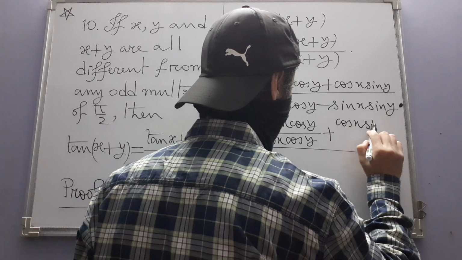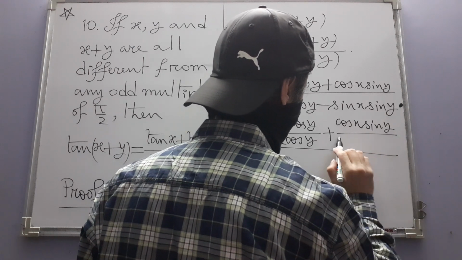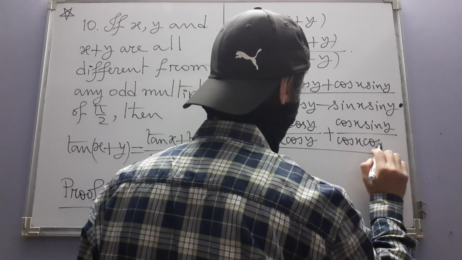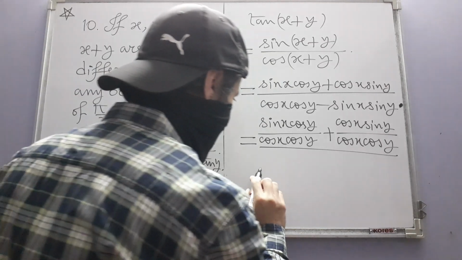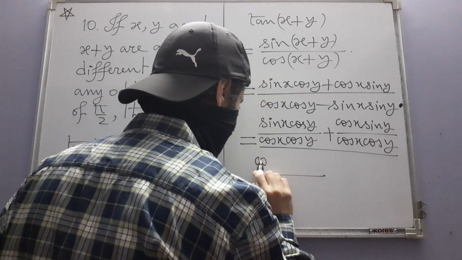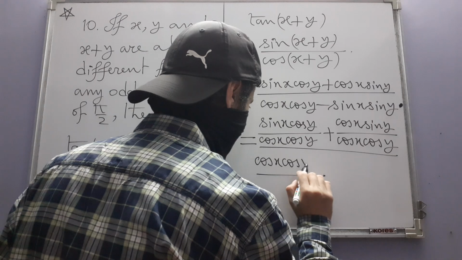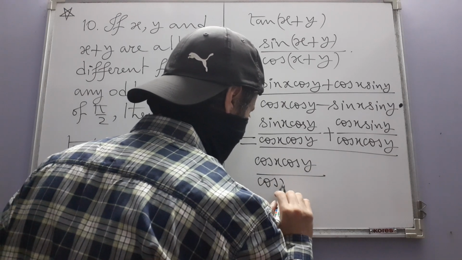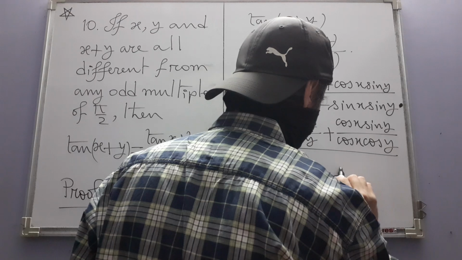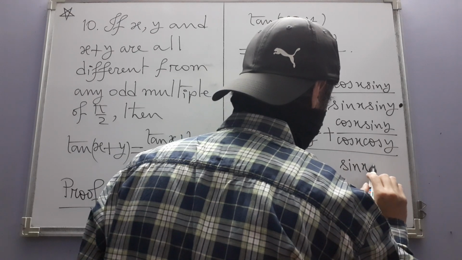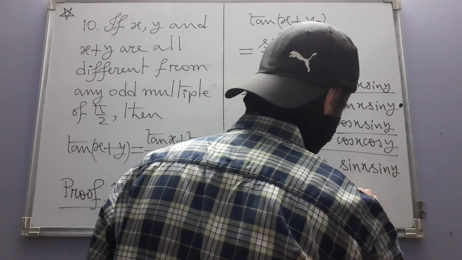Cos x sin y divided by cos x cos y. In the denominator also, cos x cos y divided by this, minus sin x sin y.